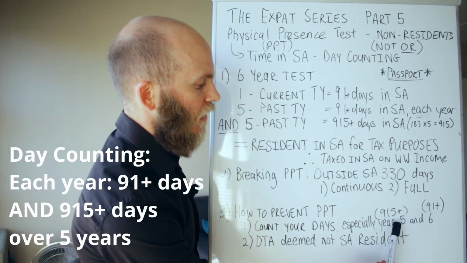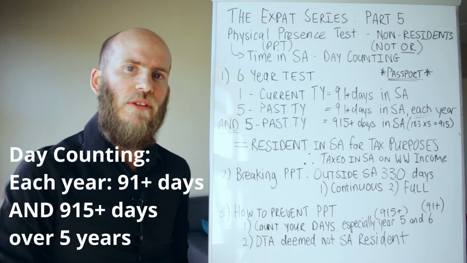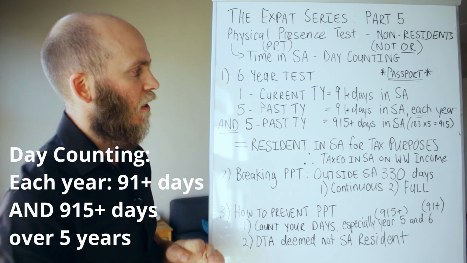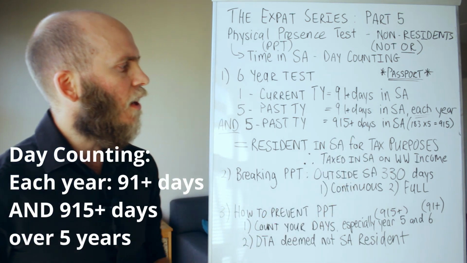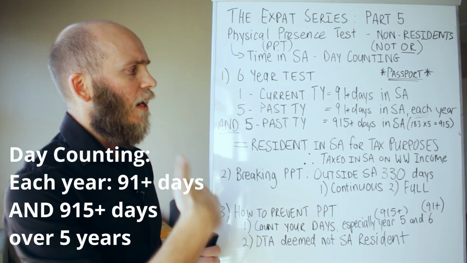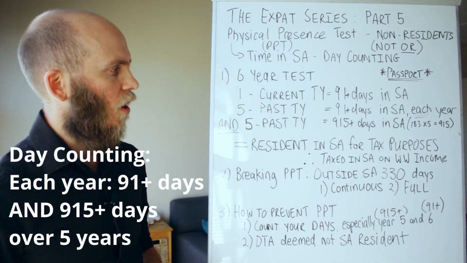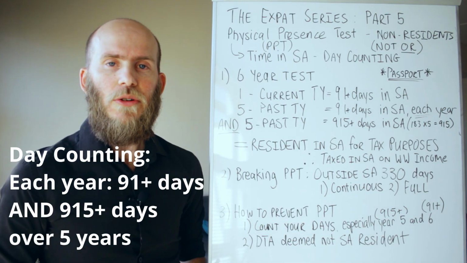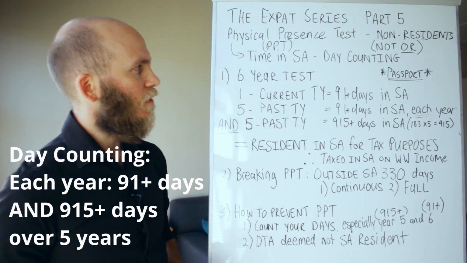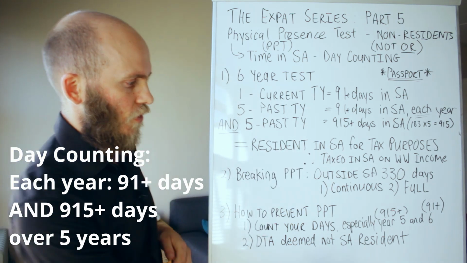Now, the reason why I said year 5 is, in your 5th year of spending time in South Africa, if you are getting close to this 915 days, it might be a good idea to go outside of South Africa in order not to cross this mark. Because if you do, then you might fail the physical presence test, and then you are taxed on worldwide income. So that's the first one, year 5.